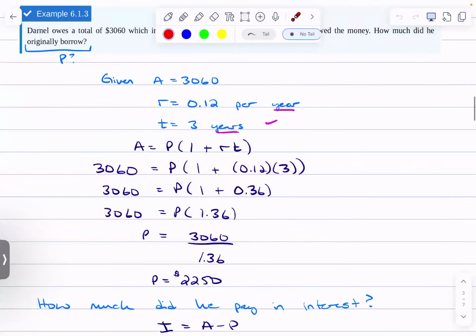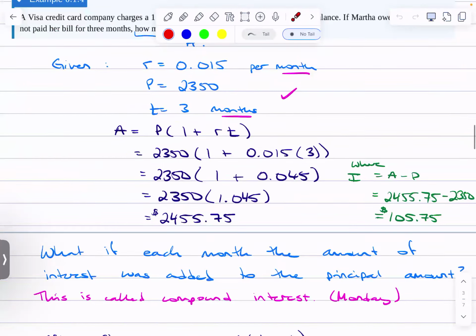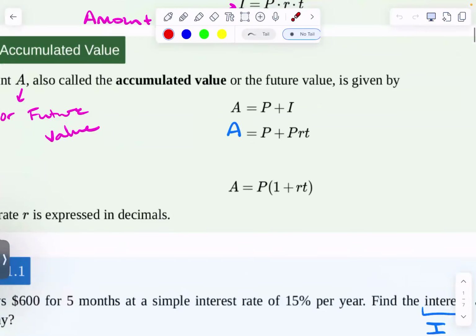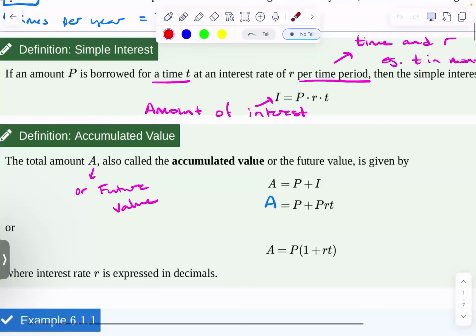Our main formulas use I, the amount of interest; P, the principal investment, or the amount you've borrowed or put into an account; R, the interest rate as a decimal; and T, how long it's going to sit there.